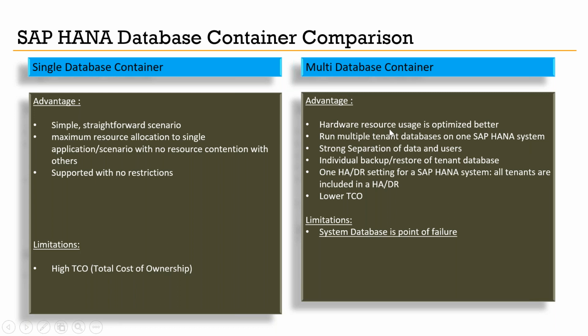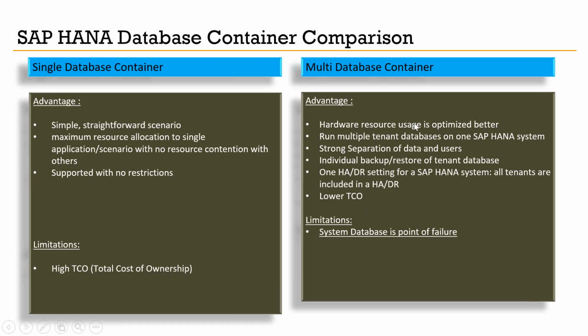The meaning of this: for example, if it is on premise, in a private data center, and there you have 5 TB of RAM, and only 2 tenant databases, and the total memory utilization for that HANA system is not going more than 1 TB, then almost 4 TB is free. So you can plan for additional tenant databases.